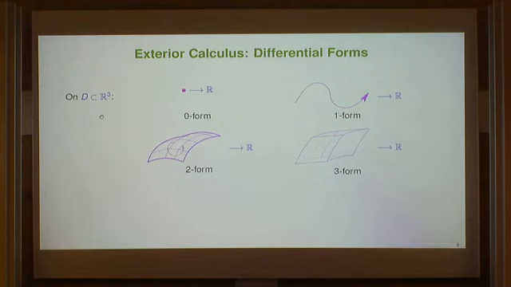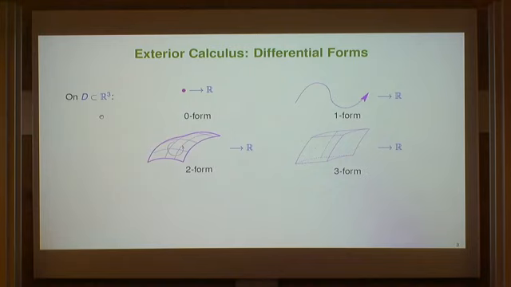So, exterior calculus deals with differential forms, and differential forms can be assigned a so-called order. So we talk about l-forms. And now, when I mention an l-form, what I have in mind is something that can be integrated over an l-dimensional surface with orientation.